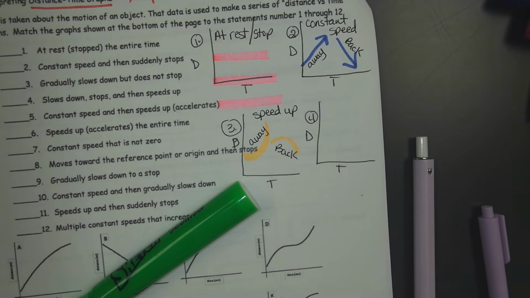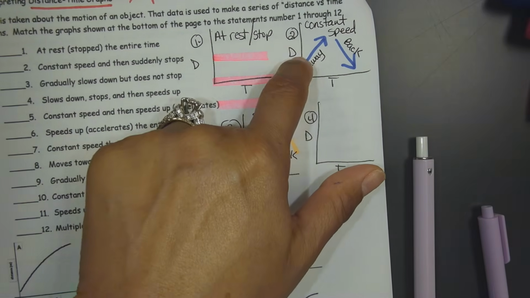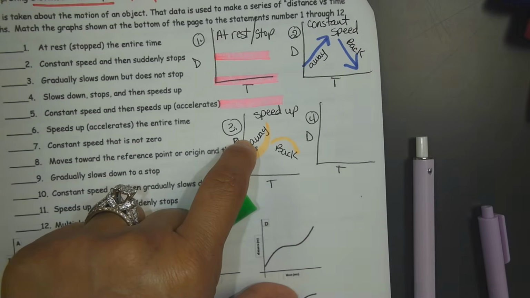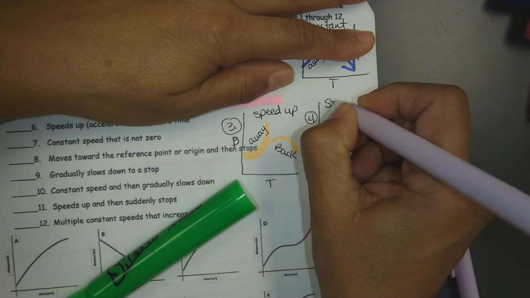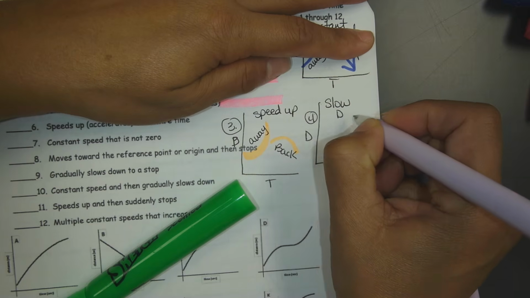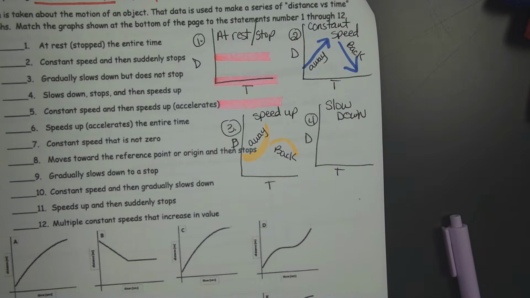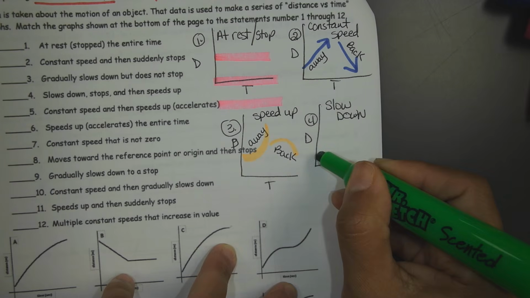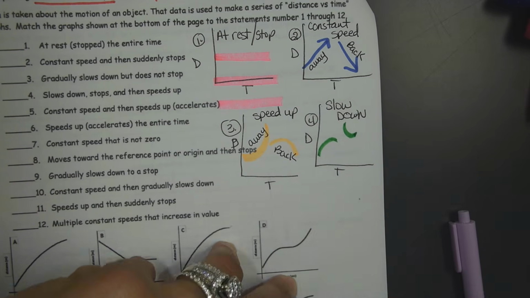The last one is green. Okay, so at rest, constant speed, speeding up. Last one is slowing down, as in you're hitting the brakes on your car. This situation, you're going to have a graph that's going to curve this way or a graph that curves this way.